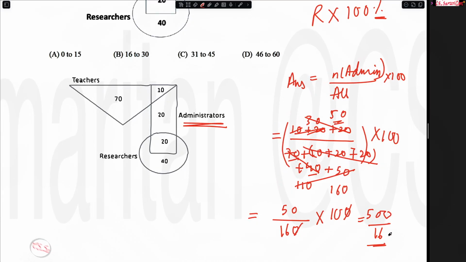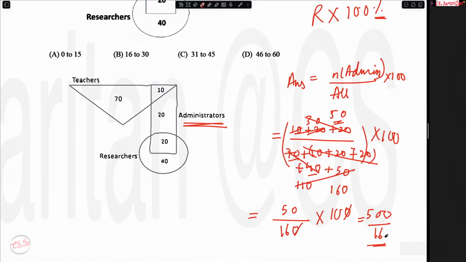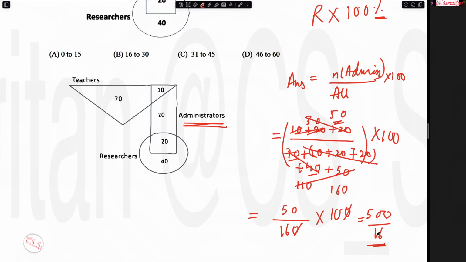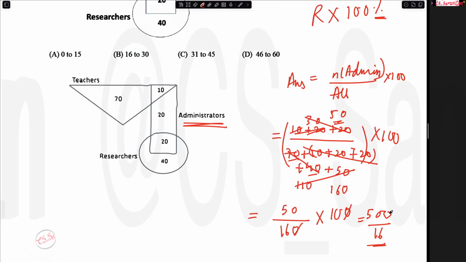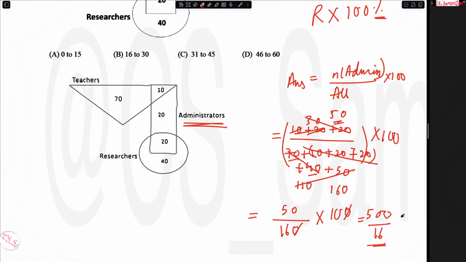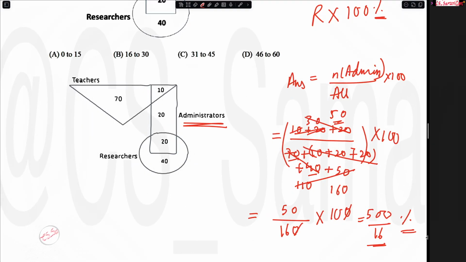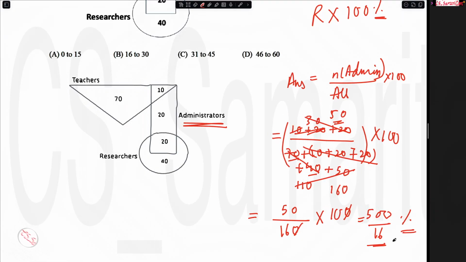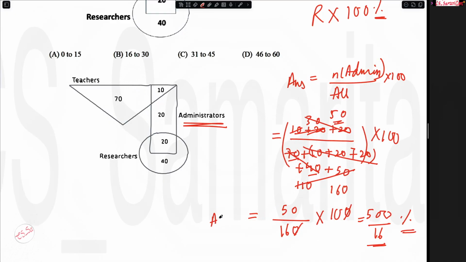Now it is simplified. In the GATE examination, you will be provided with a calculator, so you can directly use a calculator to find the ratio and the percentage. Because this is out of 100, we have to add this percentage symbol, otherwise it is inconsistent, and that is going to be your answer.